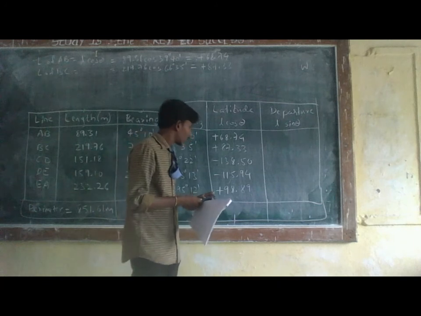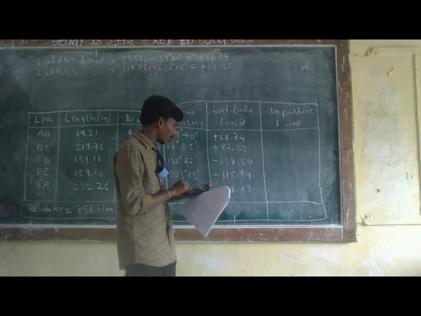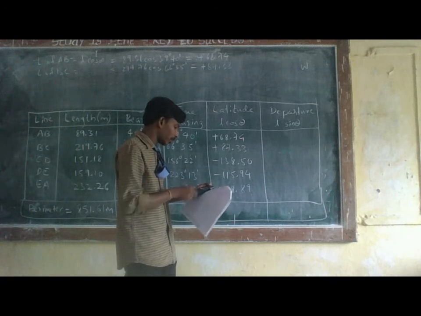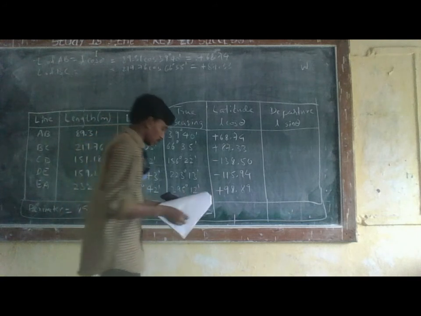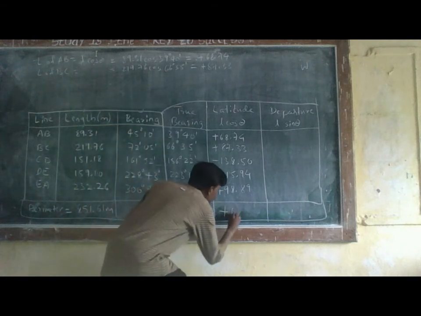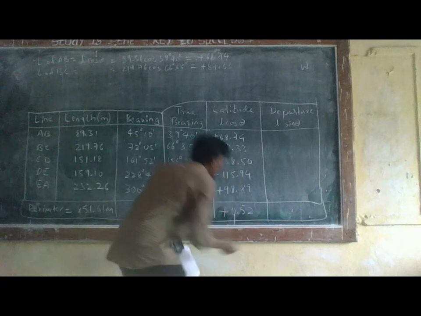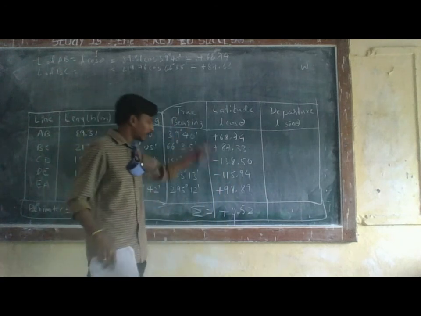Now again minus 115.94 plus 98.89, and you will get the value plus 0.52. So the error in latitude is positive.